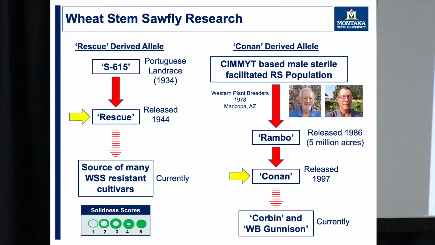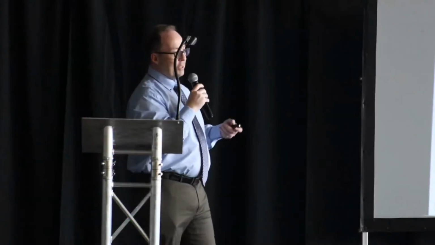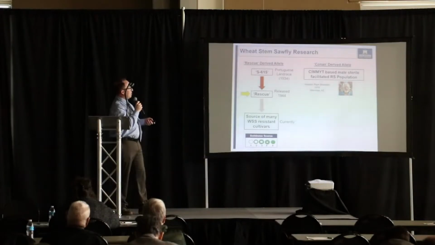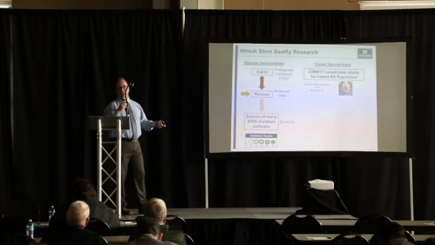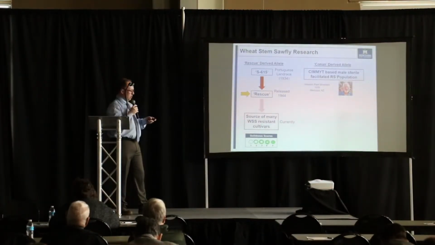But there is another lineage as well that also has wheat stem sawfly resistance, and this was some material that was first selected out of a population down in Arizona back in 1978 by the Western Plant Breeders, which is now known as Westbred and owned by Bayer.